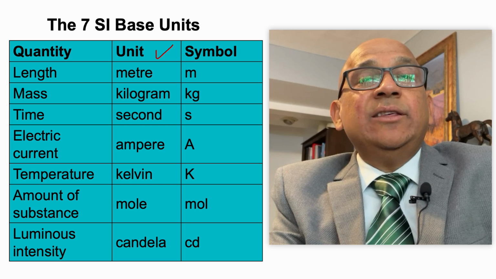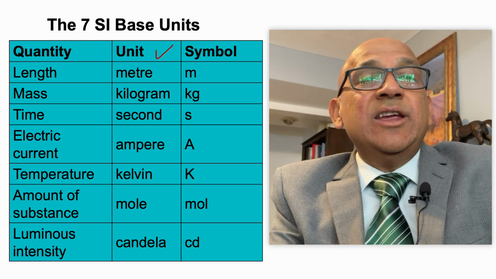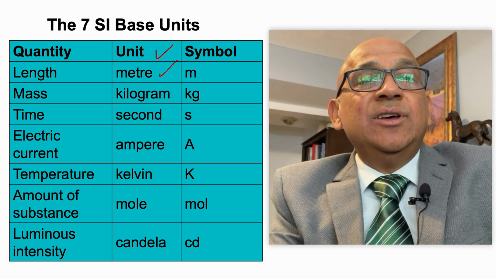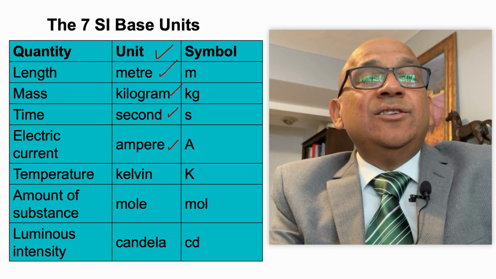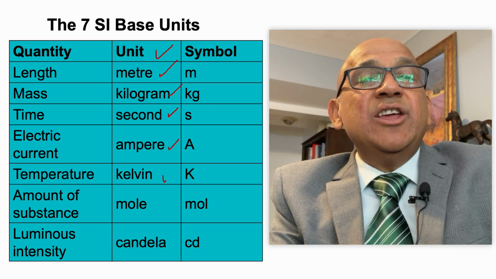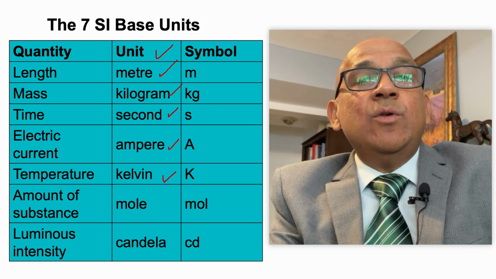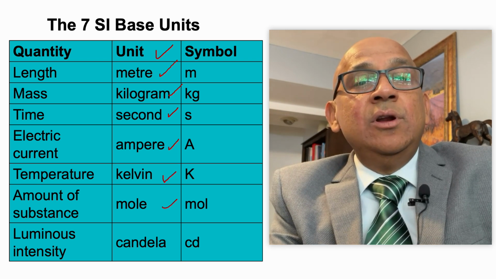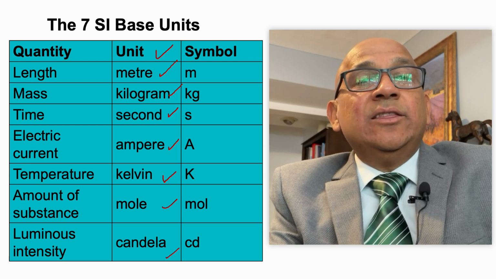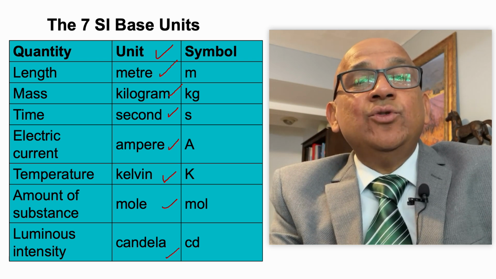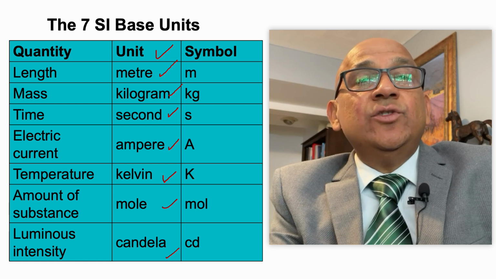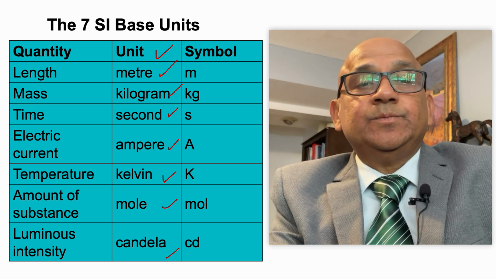For example, in the SI system, you will represent length in meters, mass in kilogram, time in seconds, electric current in ampere, temperature in Kelvin, amount of substance in mole, and luminous intensity in candela.